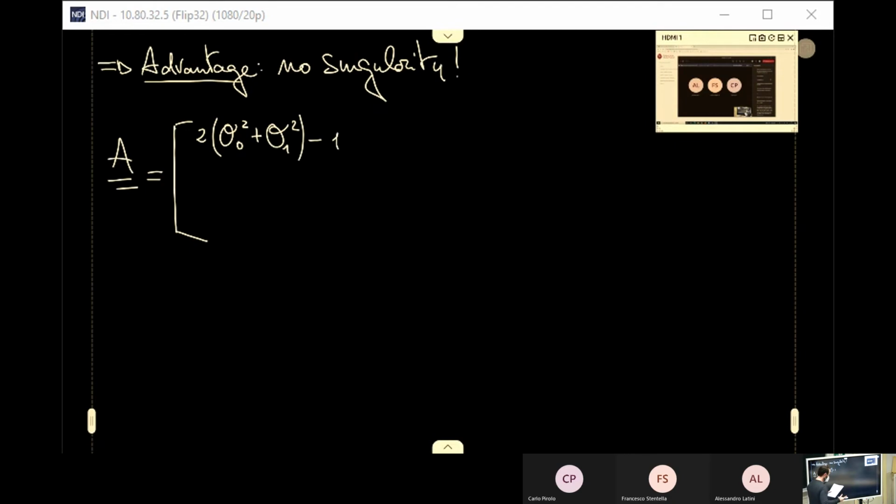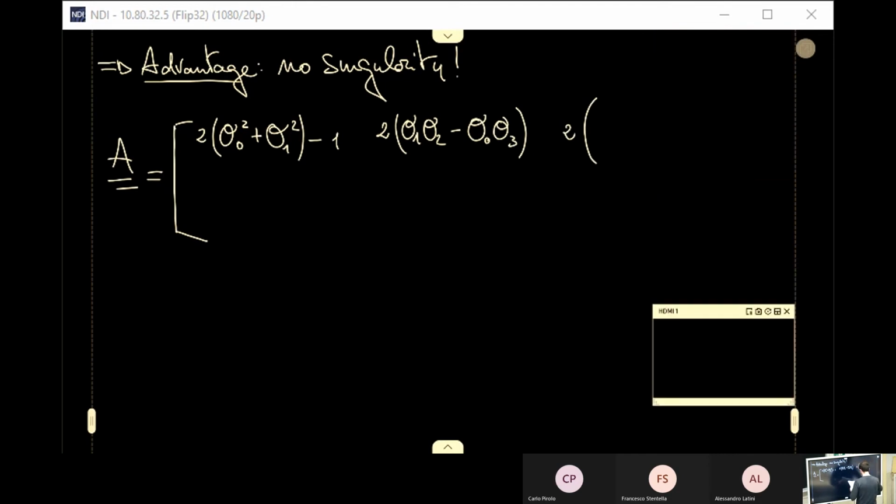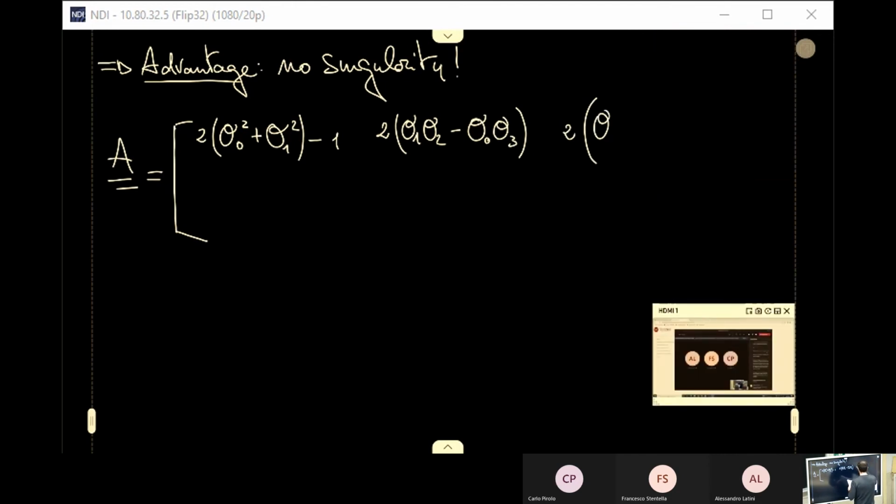So again, it's a 3x3 matrix. This is the first component, the first element actually. And this already gives you the impression and information which is relevant, because you see from what I'm writing that the dependence of this transformation matrix on Euler's parameters is highly nonlinear.